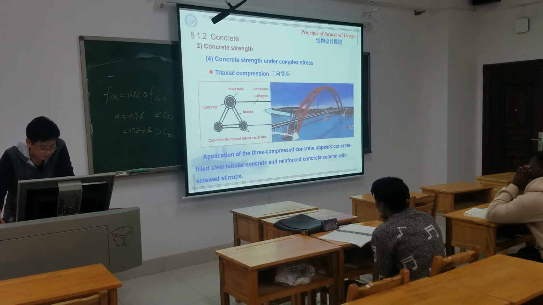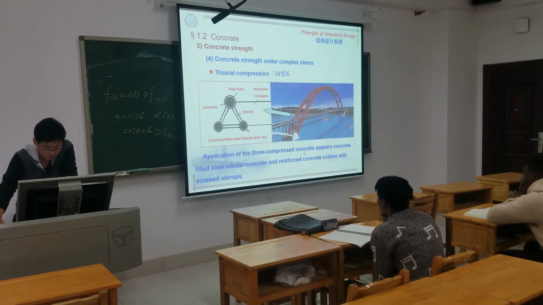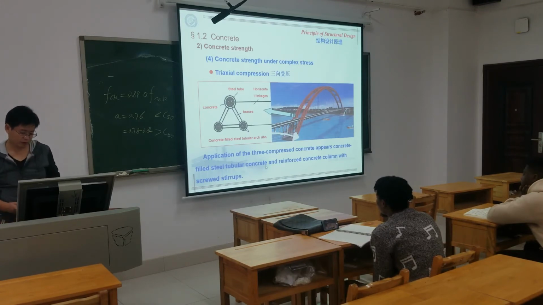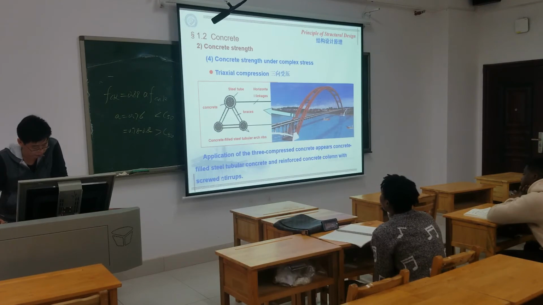So that's an example we have talked about before: triaxial compression using the arch bridge, concrete-filled steel tube, and the concrete column with spiral stirrup.